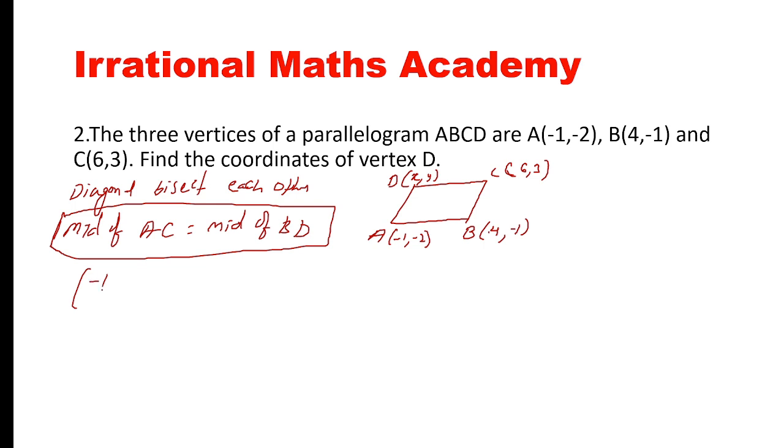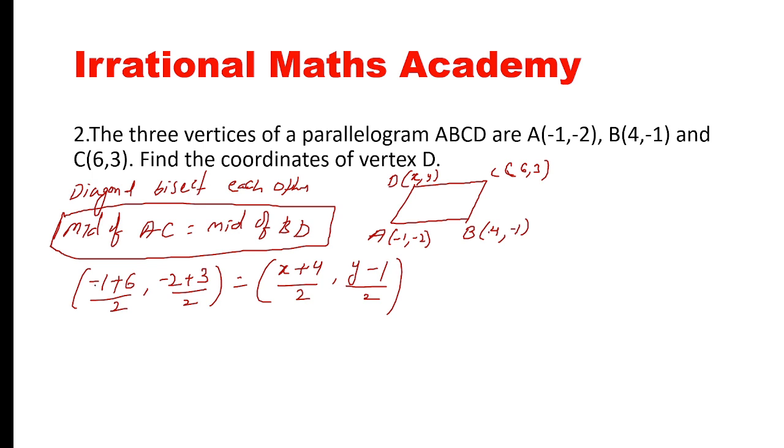So (-1 + 6)/2, (-2 + 3)/2 equal to (x + 4)/2, (y - 1)/2. See what I'm doing? I am finding out the midpoint of BD.